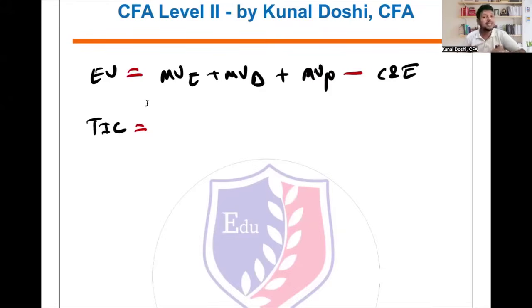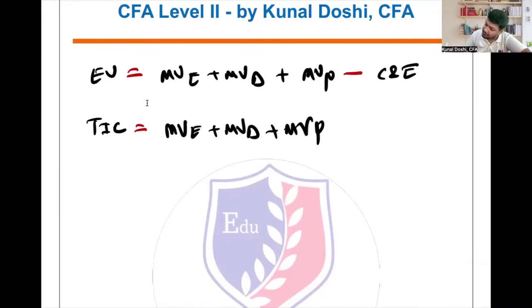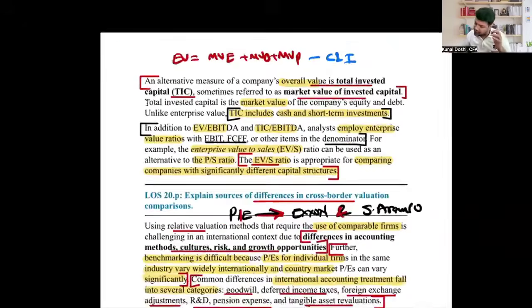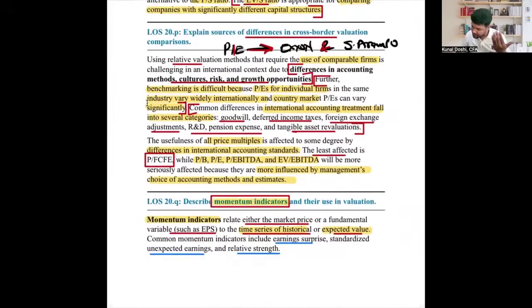In total invested capital, we do not subtract cash. So we are only looking at the invested capital: the market value of equity, market value of debt, and market value of preferred. The cash part we do not subtract. That is called our total invested capital. Understood, everyone? That's the only difference. Clear.